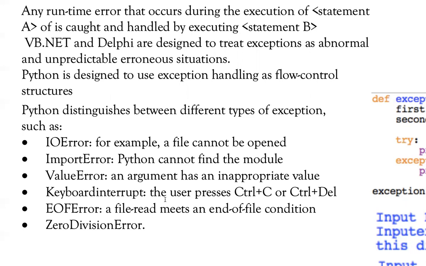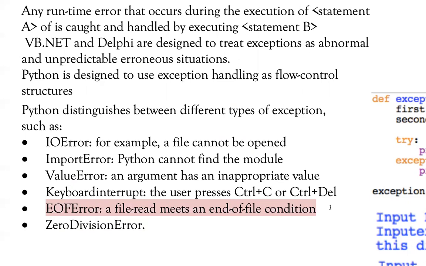Keyboard interrupt: the user presses Control C or Control Delete. End of file error: a file read meets an end of file condition. This technique is very heavily used whenever we're dealing with binary files. We'll be looking into this in a bit, but unlike text files, binary files hold records in them.